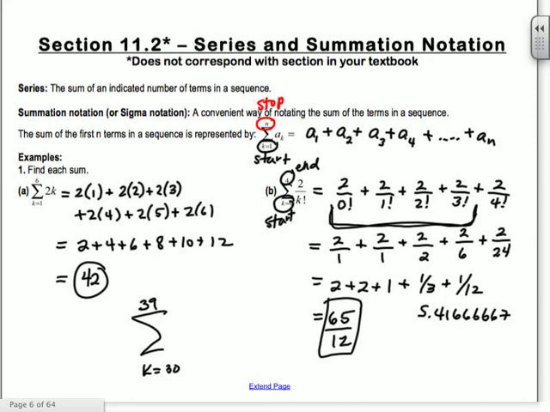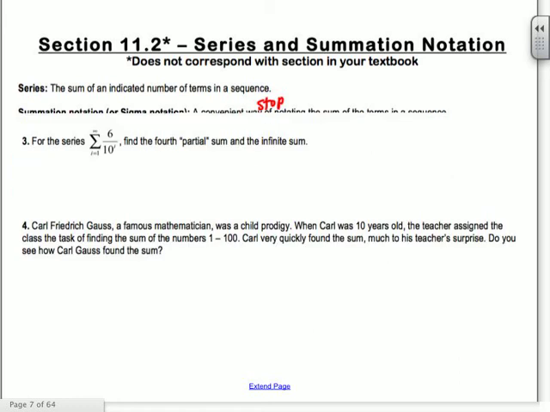So if you go from 30 to 39, you have 10 numbers that you're adding together. But what people do every single year, it drives me crazy, is they'll plug in 30 and then they'll plug in 31, and then they keep going until they have 39 numbers, not 10 numbers, 39 numbers, which is crazy on their homework, so don't do that, okay? So you're only plugging in 30 to 39.